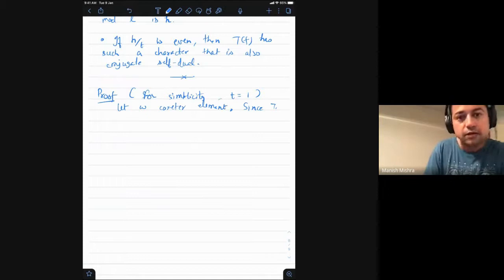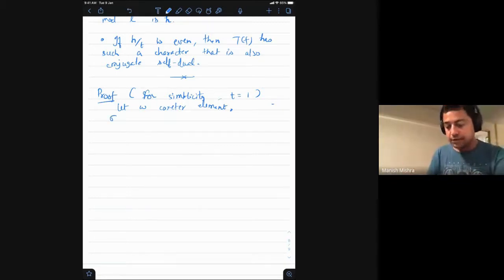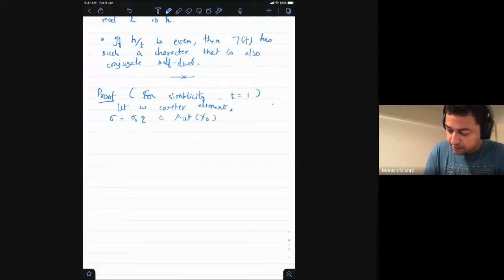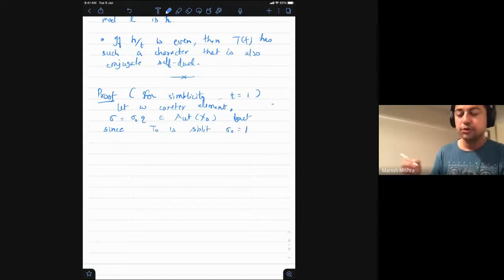And recall that the Frobenius acts like this in general as an automorphism of X0, but since T0 is split, sigma 0 is 1.